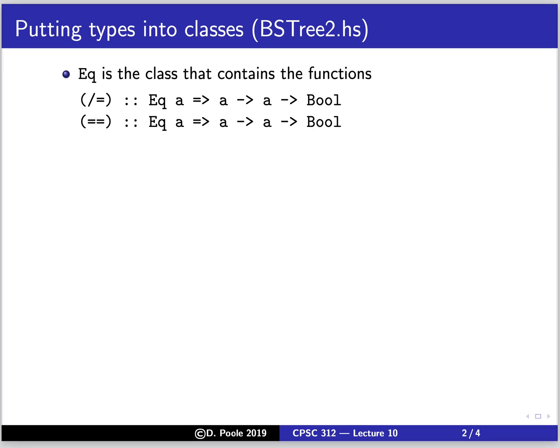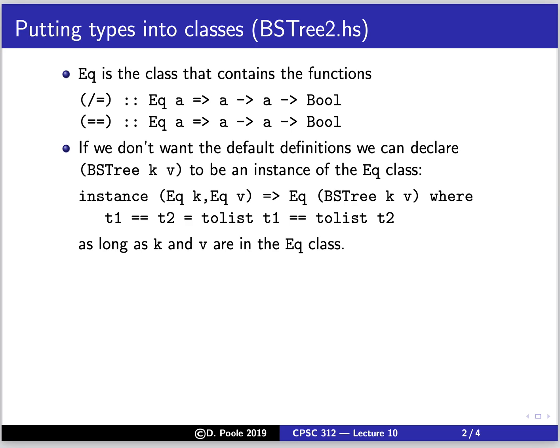Similarly, we've seen this before. Eq as a class contains the functions not equals and equals. We could do deriving Eq and it would derive a default value of equals. But for binary search trees, you probably don't want to do that. What you'd like to say is that there's the same set of key value pairs.